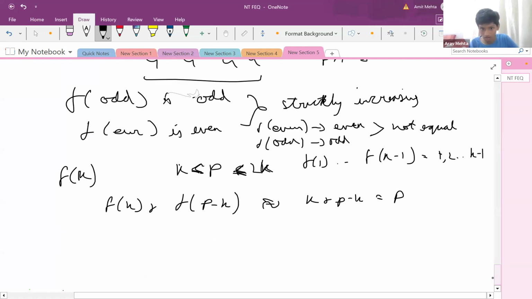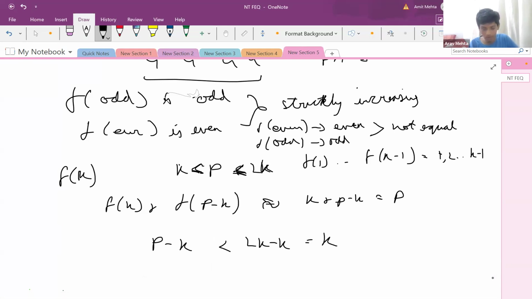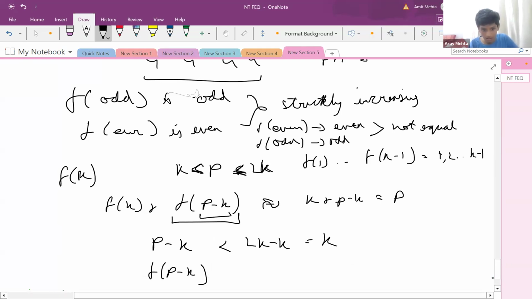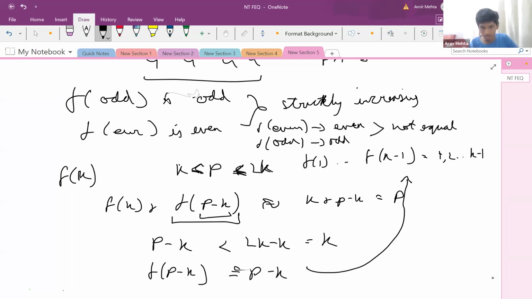We now know that p minus k is at most 2k minus k, which is k. So this term is less than k. Hence f of p minus k is p minus k by the induction hypothesis. Is this clear why f of p minus k is p minus k?